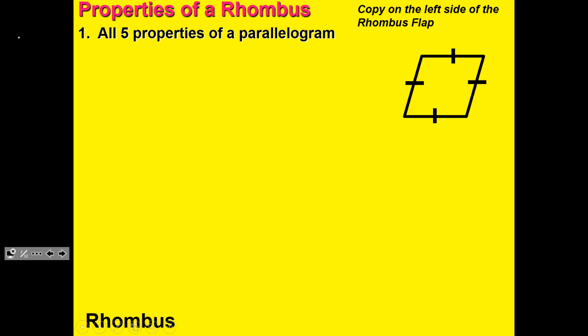Again, a rhombus has those 5 properties that a parallelogram has. Okay? So it's got the opposite congruent sides, opposite parallel sides, opposite congruent angles, supplementary consecutive angles, and bisecting diagonals. Okay, so they have that marked here on this figure.